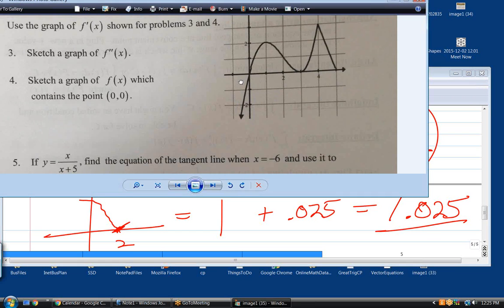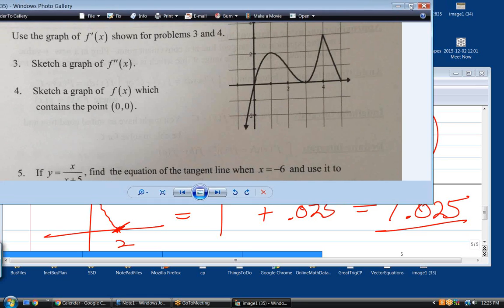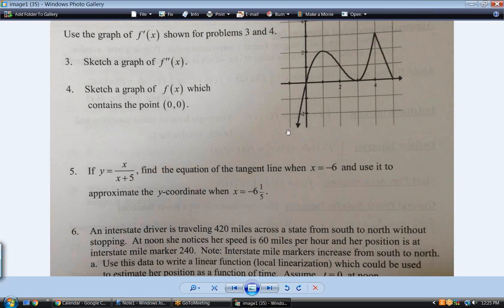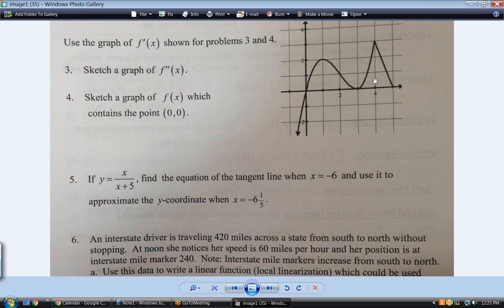Okay. All right, we got 5 more minutes. Which one would you like to look at? 17 for the next page. Okay, you can do this one fine. You know how to sketch the graph of the derivative of this? Yeah. Okay.